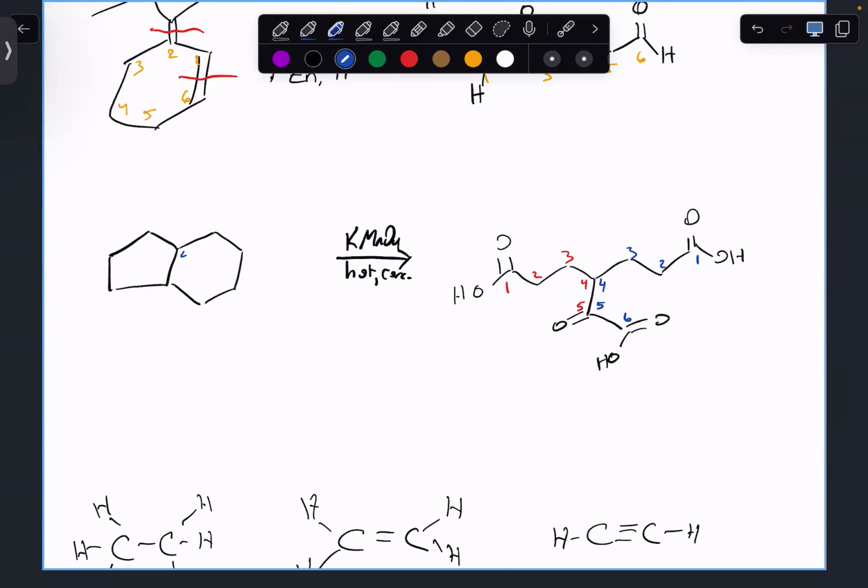So that's carbon 4, that's carbon 5 of the 6. Carbon 4, that's carbon 5 of the 5. And now it doesn't really matter. This is going to be 3, 2, and 1, and then this is going to be 3, 2.